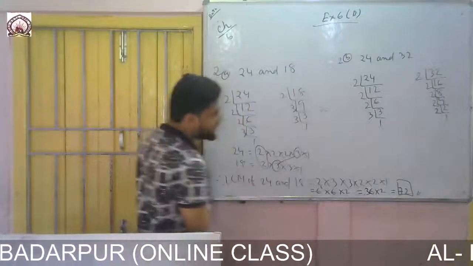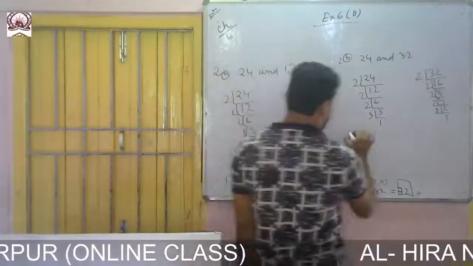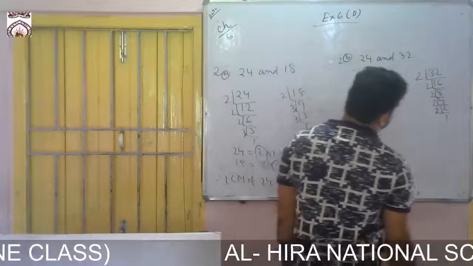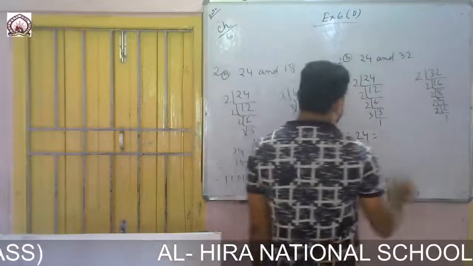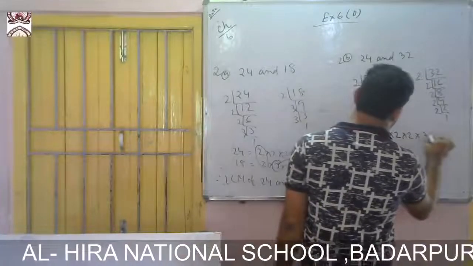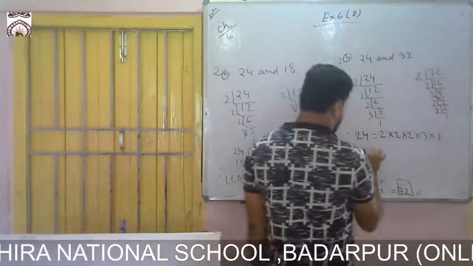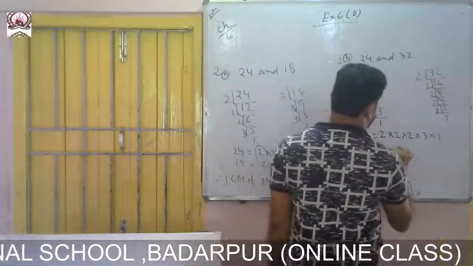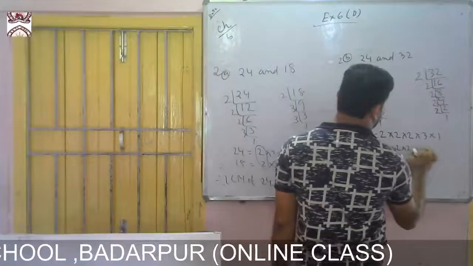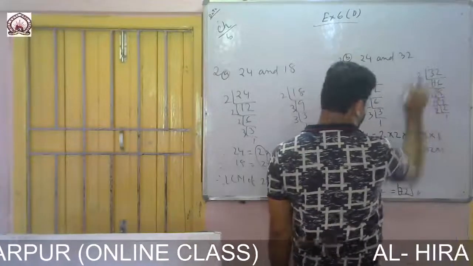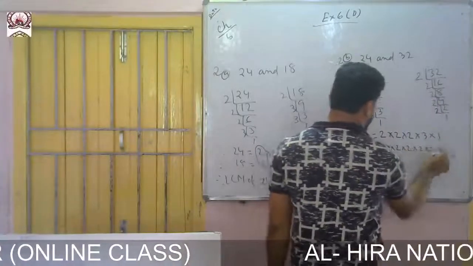Now you write, therefore 24 equals 2 into 2 into 2 into 3 into 1. Here 32 equals 2 into 2 into 2 into 2 into 2 into 1, that is 1, 2, 3, 4, 5 twos.